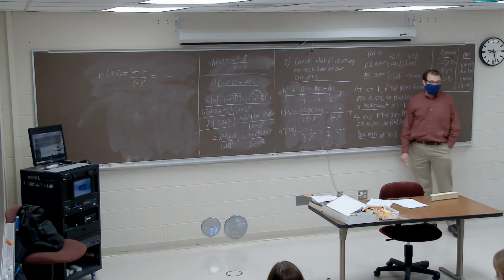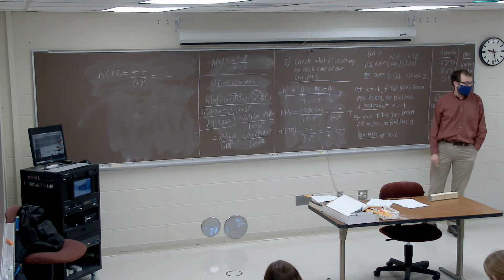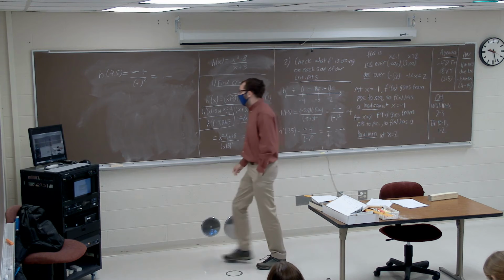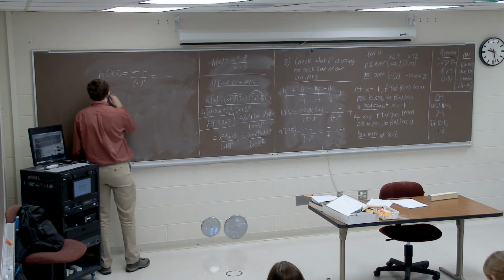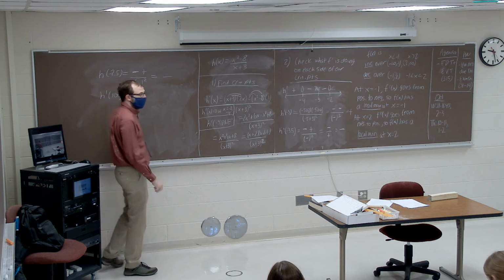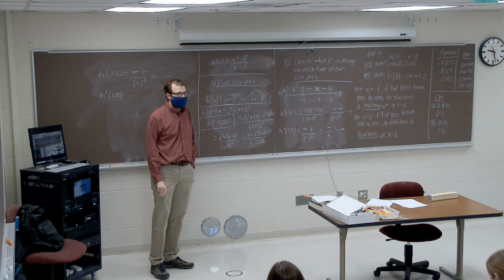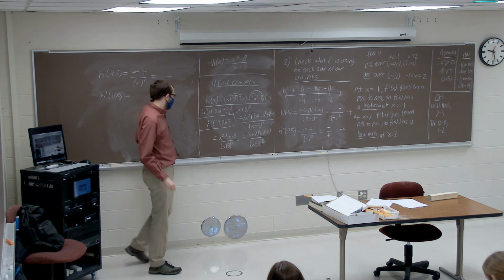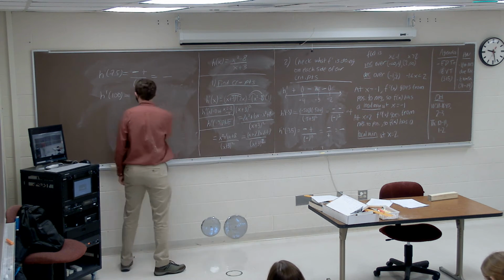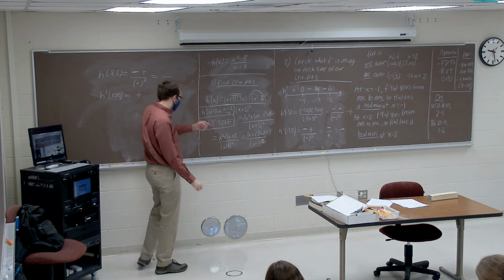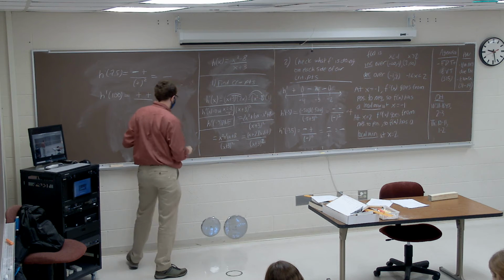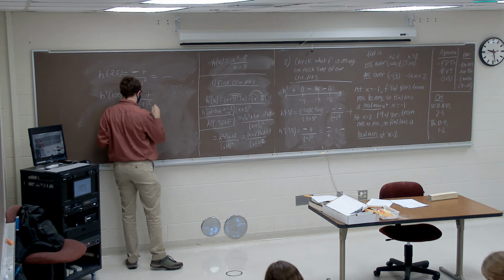And finally, we need to pick a point to the right of -2 to check. I'm going to pick h prime of 100, just to mix things up a little bit, and also because it doesn't really matter. 100 plus 2, positive. 100 plus 4, positive. 100 plus 3 squared, positive number squared.